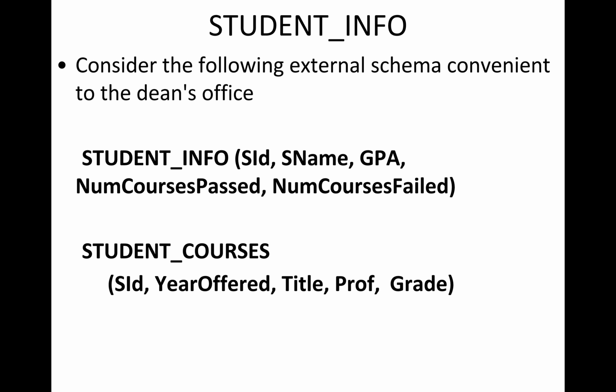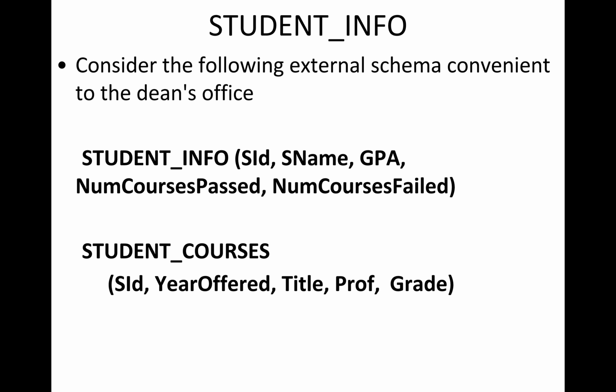The number of courses failed also looks like an aggregation. Student courses has year offered, title, professor, grade. That looks like we're grabbing a couple of things from the course, some things from the enrollment or the section, and grade from the enrollment. Title we're grabbing from the course. So we're aggregating several things from several places.